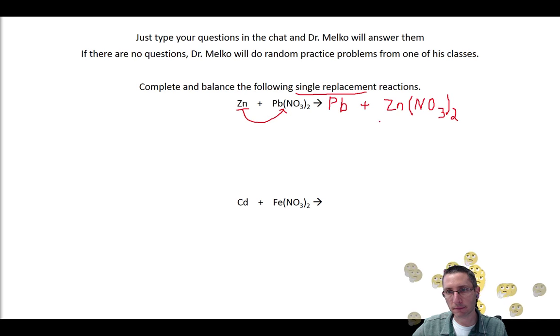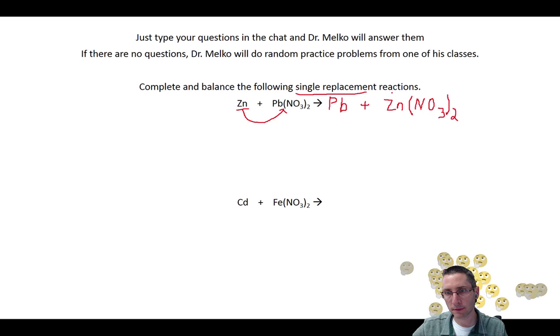Now you do need to check the formula here. We know zinc is 2 plus, right? It's one of those special ones that always has the same charge and it's 2 plus. That's why we have the 2 down here, okay? Because the nitrate is a -1 charge, and so the 2 plus from zinc crosses over to give us that 2.